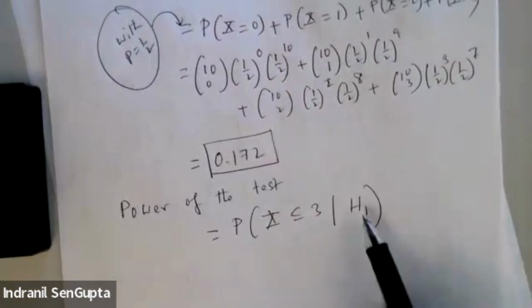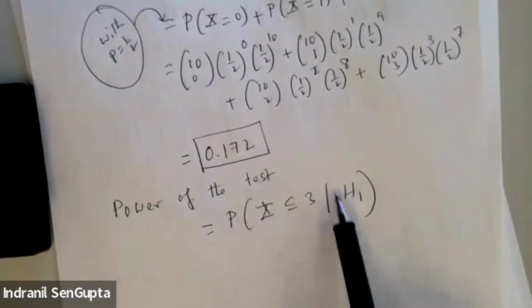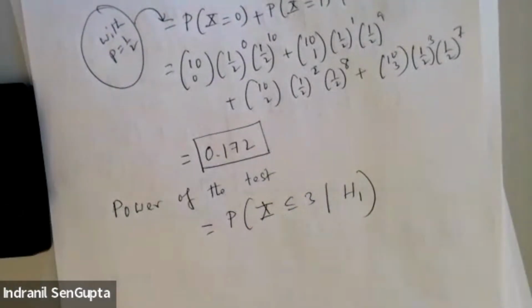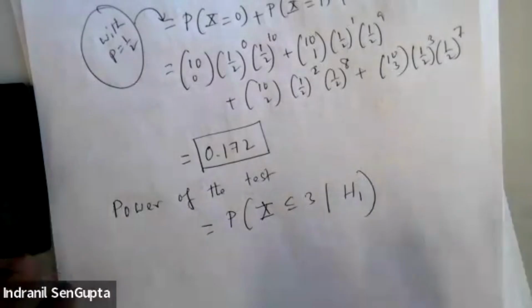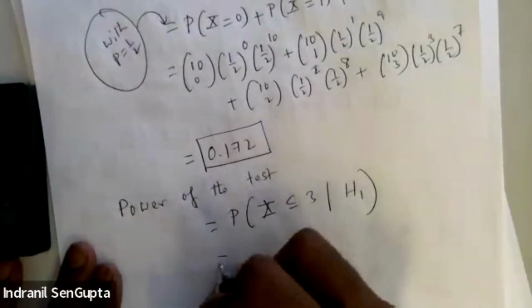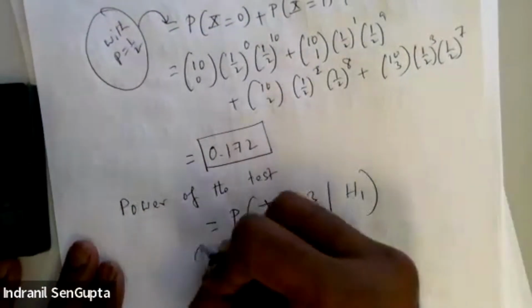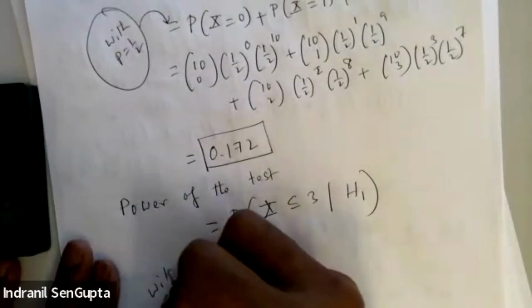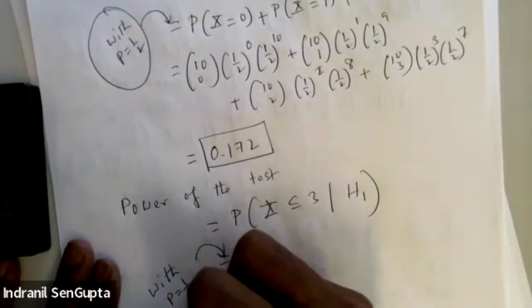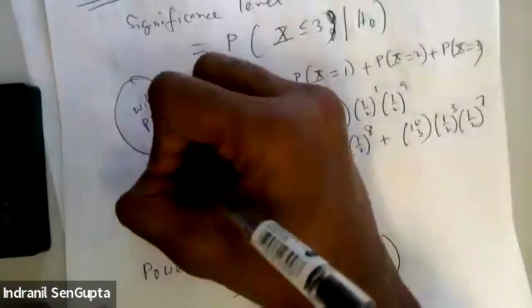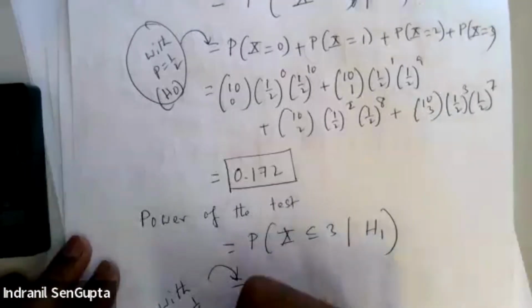The alternative hypothesis is true, and we are actually rejecting the null hypothesis. The only thing is, if the alternative hypothesis is true, my p is 1/4. So that is my H1.